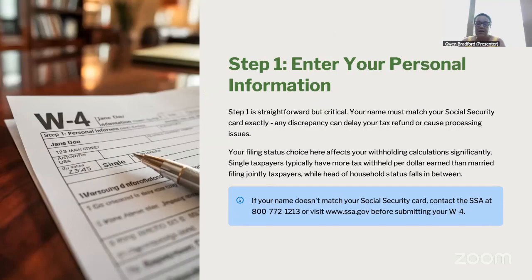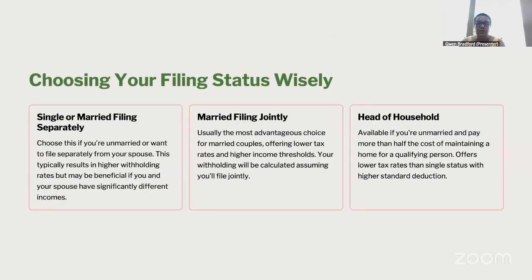All right, the information on your W-4 form impacts your pay tremendously. So what you need to do is make sure that you choose the correct filing status. Okay, they're single or married filing separately. That particular status will allow a higher withholding rate to be calculated for your federal withholding tax.